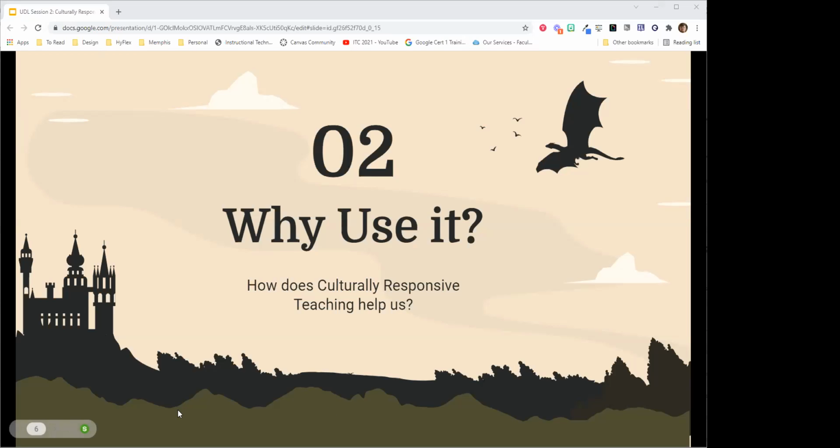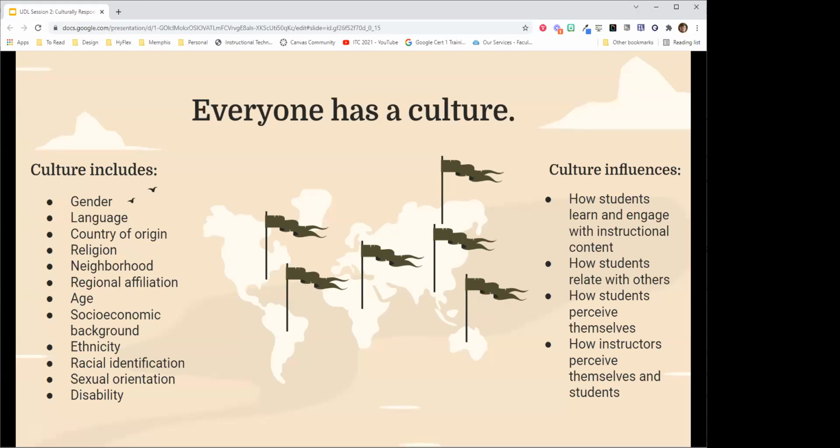All right. Good afternoon, everybody. So on the next slide, you're going to see everyone has a culture. So culturally responsive teaching leverages the brain's memory system. We have many diverse students who come from many different kinds of cultures and cultural traditions. Many of them are oral traditions.